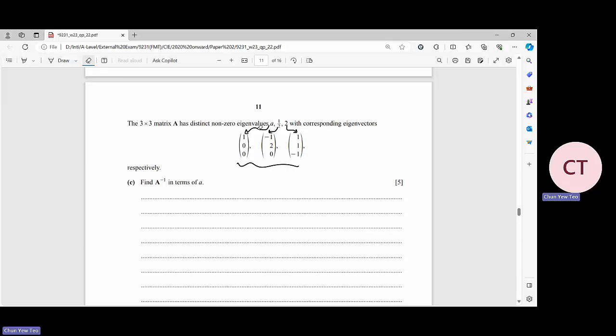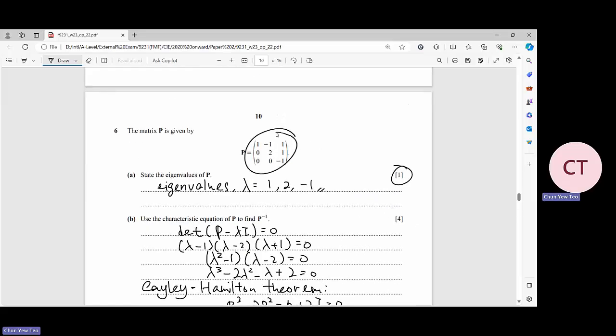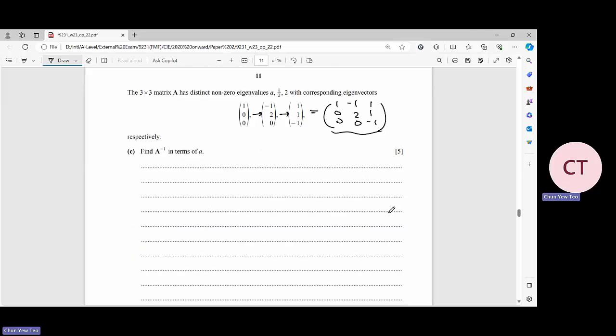Then they want you to find A inverse in terms of A. If you combine them together as one matrix, you can see that this is actually the same as the matrix B.